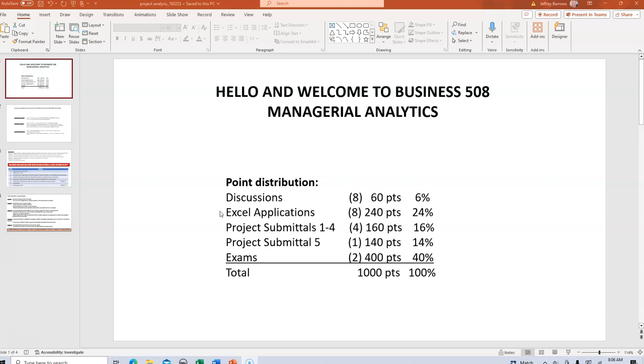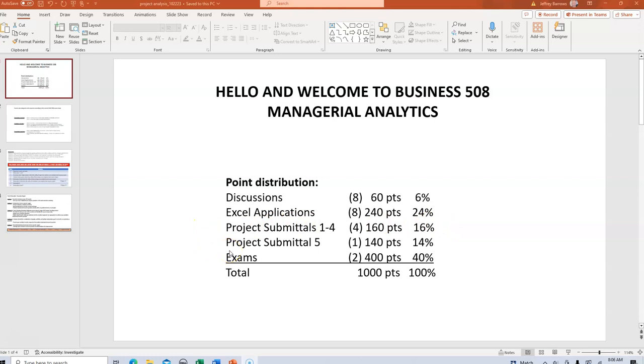Let me also note that in each one of the module folders in the content area, there is a video tutorial or a series of video tutorials that will help you get started with those assignments. Hopefully you will find those helpful. And I think those are probably at least a 75% solution on how to get through each homework assignment each week. And then let's see, and I'm going to detail the project here in a moment.